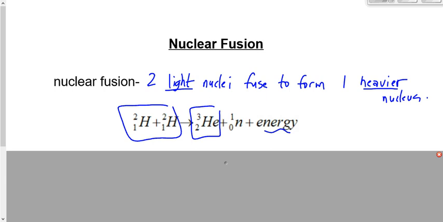How do we get lots of this going? Well, it kind of comes about from the difficulty in making this thing happen in the first place. This is really difficult to make take place, really difficult. It happens naturally in the sun all the time, but it's difficult to artificially make this take place ourselves. Here's the reason.